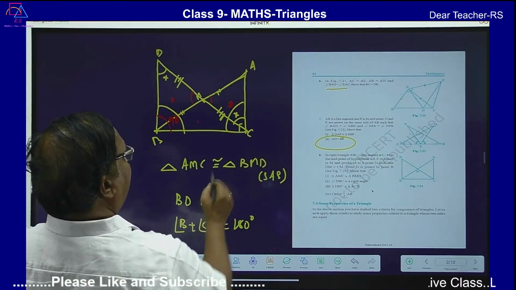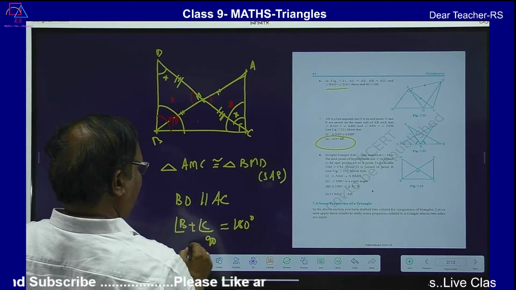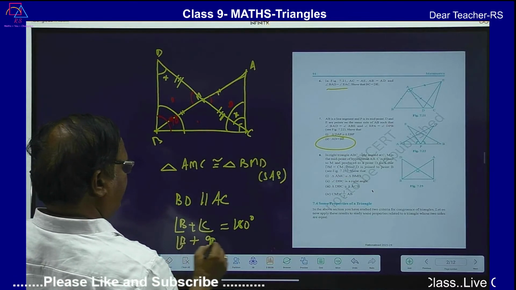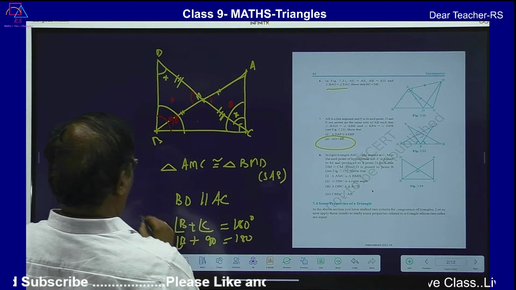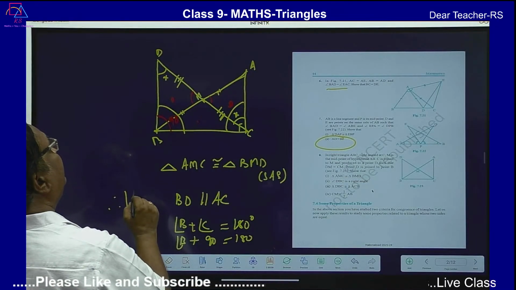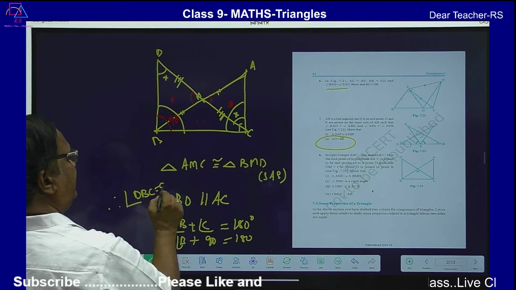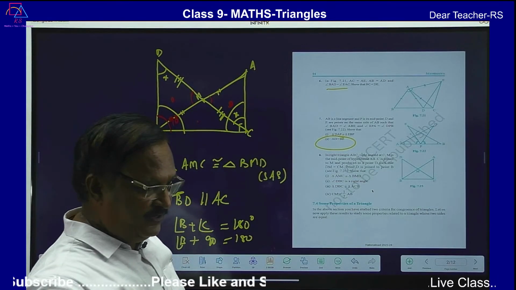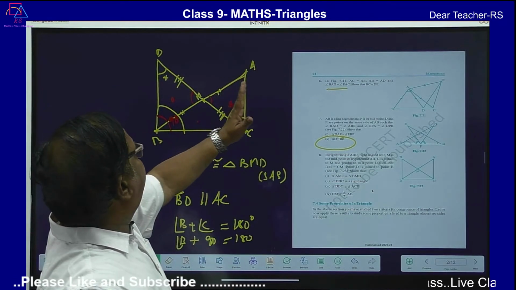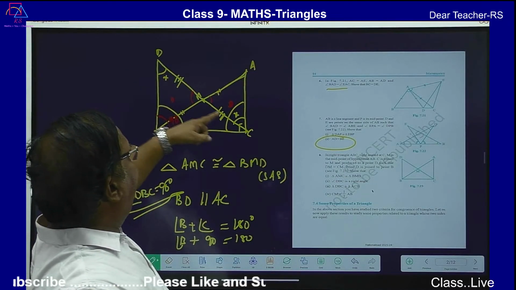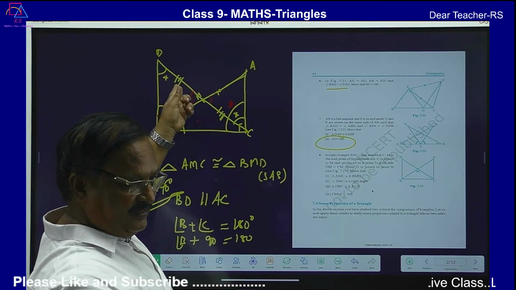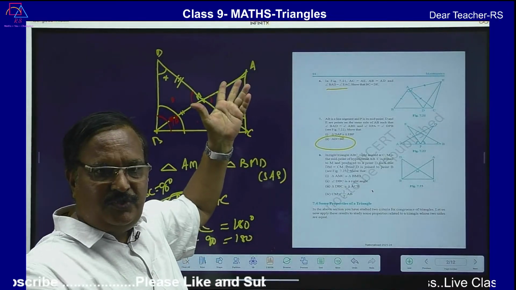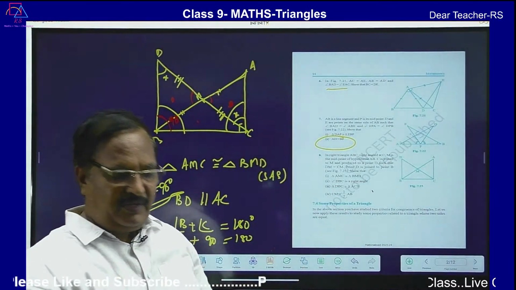And this is 90 degrees, therefore angle B is also 90 degrees. Therefore, angle DBC is also equal to 90 degrees. Okay, you understood? You prove that AC is parallel to BD by X and X. You have to write 1 and 2, okay?